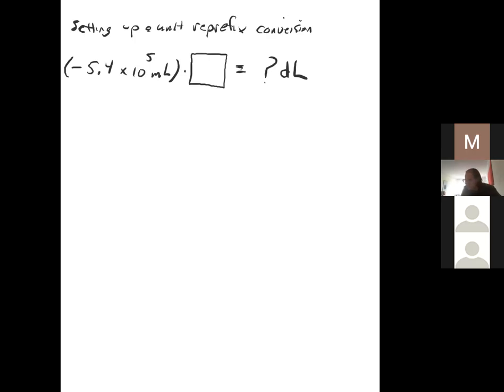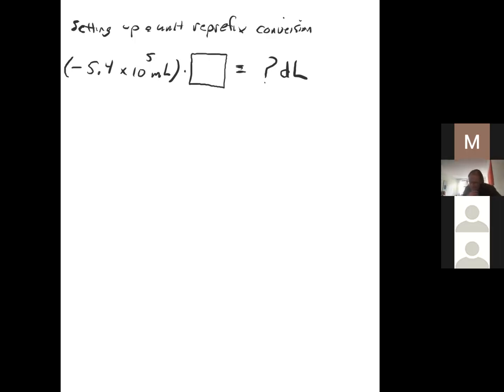For example, if you're measuring someone's glucose levels, I think it's actually done in milligrams per deciliter. Chemists generally don't do milligrams per deciliter. We generally do milliliters or liters, but not deciliters. So these kinds of conversions come up a lot.